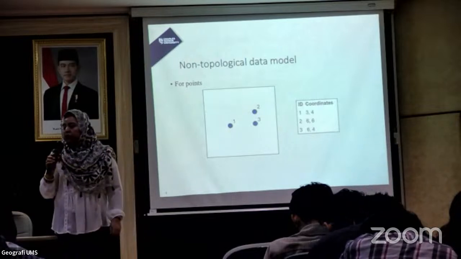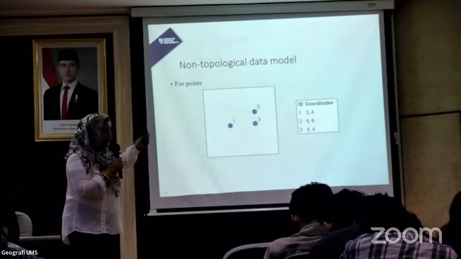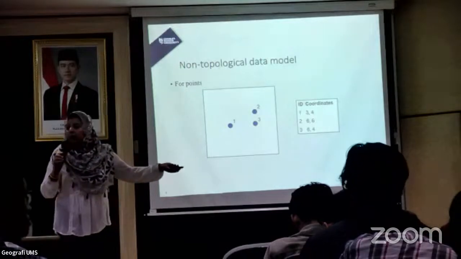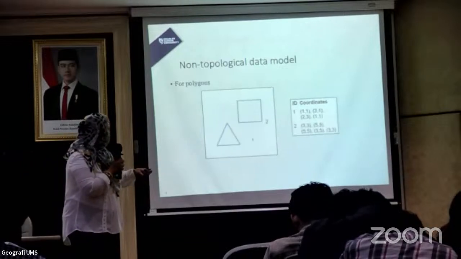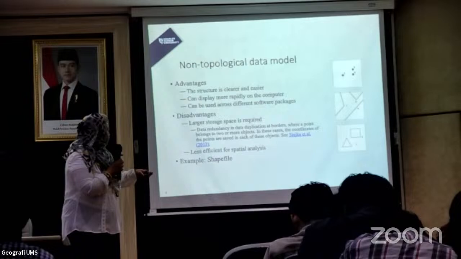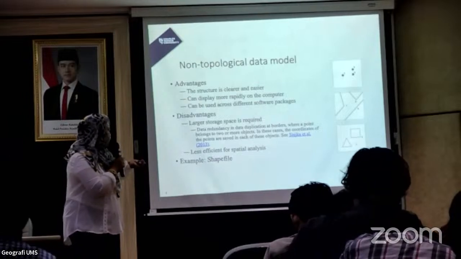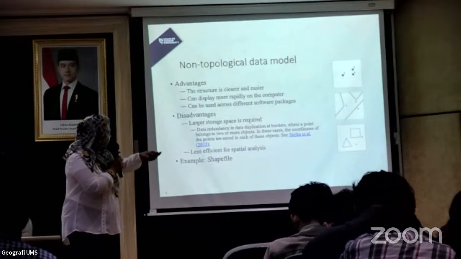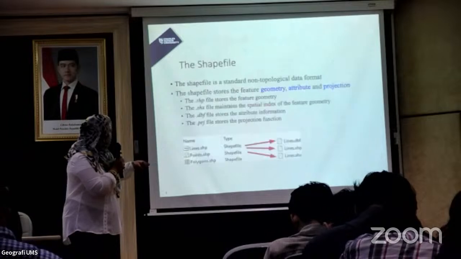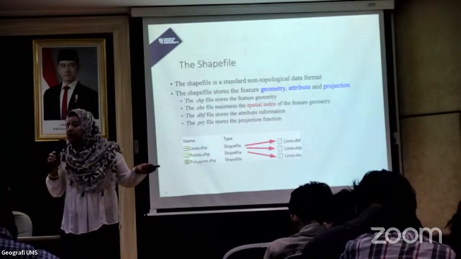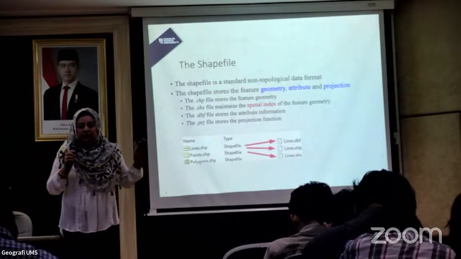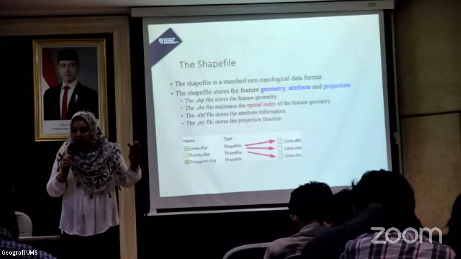For the non-topological data model, you will just make use of coordinates, but they will not be related spatially. The same thing applies to polygons and linear objects. You store that geometrical information in GIS using a shapefile.